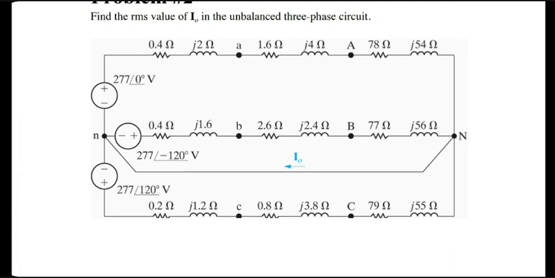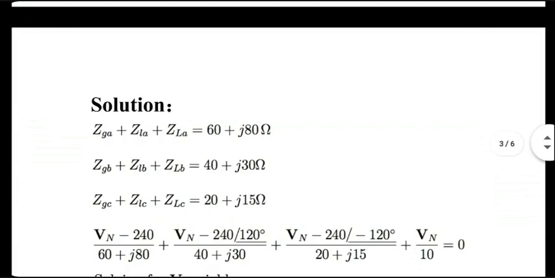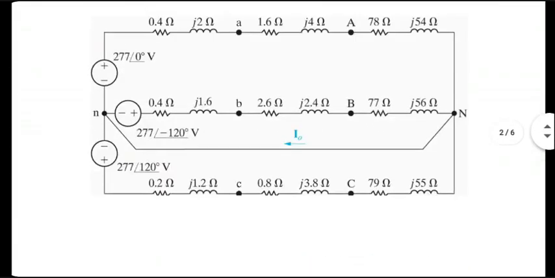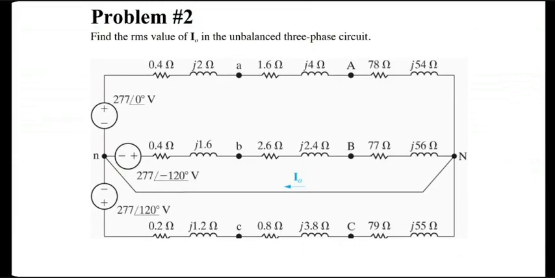Okay, maybe there is a misprint here. Maybe they meant 240 volts, not 277 volts, because here they are using 240 actually throughout. There may be a typo here in the problem. It should be 240, I think. Anyway, the important thing is to figure out all the currents coming into N along with the direction and then sum up the results.